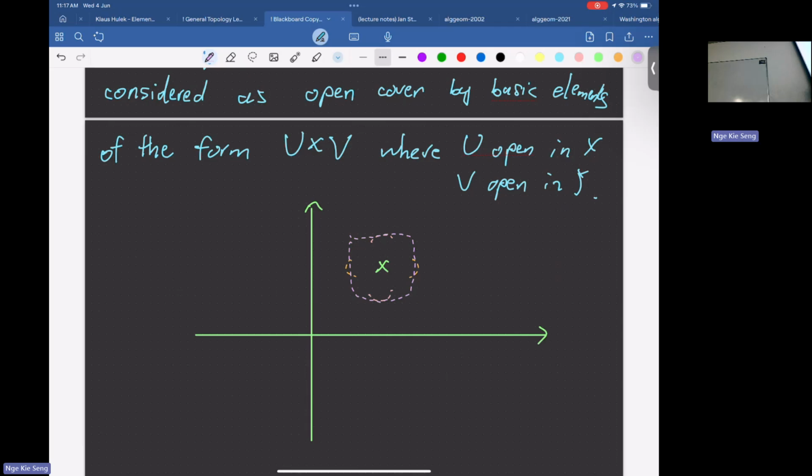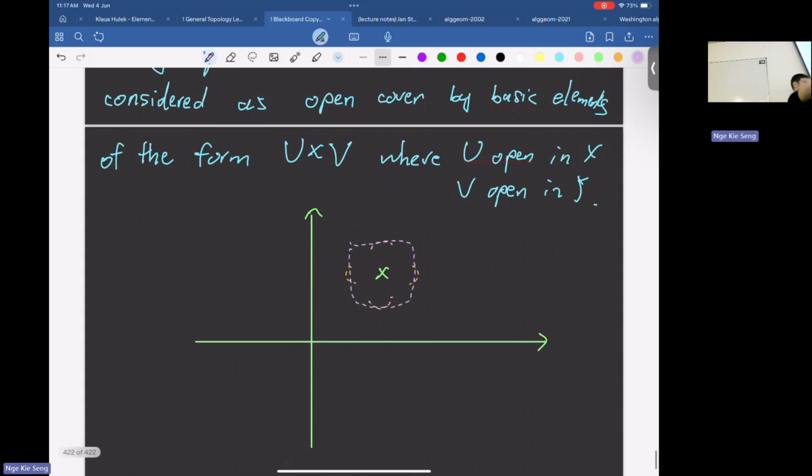The problem is, you have this open cover already. How to reduce it? You cannot blindly think. What's the condition you have now? For the X direction and Y direction components, each of them is compact.